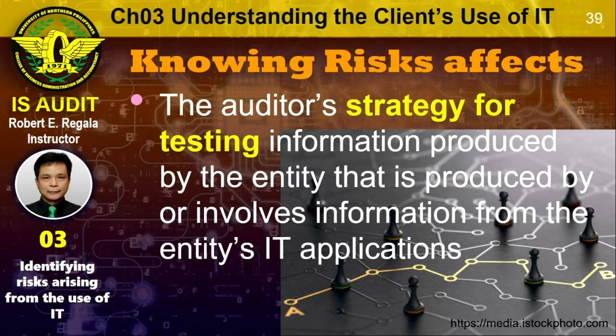For example, when information produced by the entity to be used as audit evidence is produced by IT applications, the auditor may determine to test controls over system-generated reports, including identification and testing of the general IT controls that address risks of inappropriate or unauthorized program changes or direct data changes to the reports.